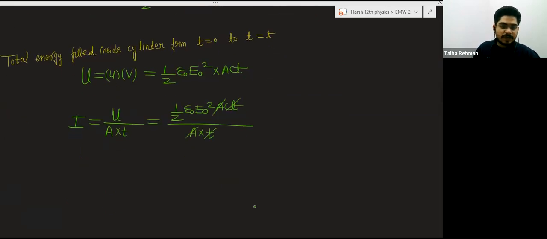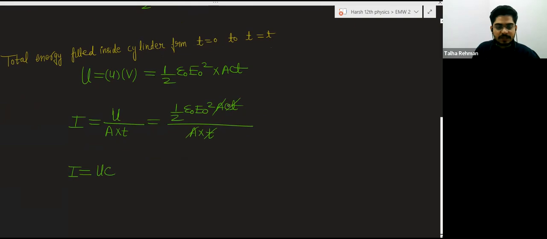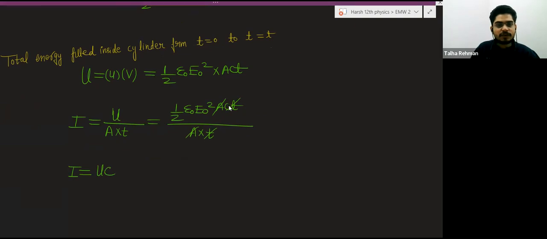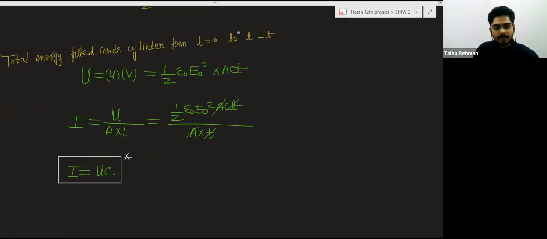So the intensity of the electromagnetic wave is given by half epsilon naught into E naught square, which is the energy density of the electromagnetic wave, into c. This is the intensity of the electromagnetic wave.